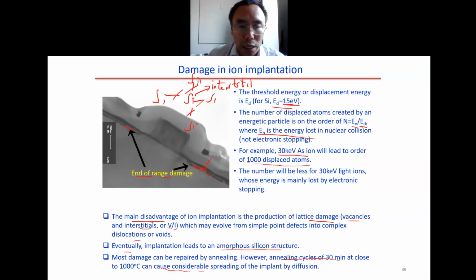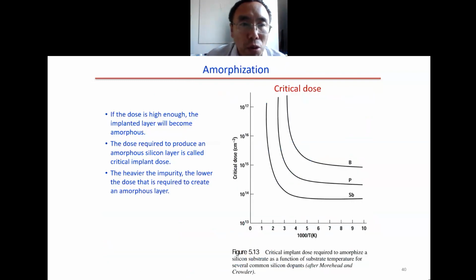So now we look at amorphization. What annealing is needed for amorphous silicon? If the dose is high enough, the implanted layer will become amorphous. The dose required to produce an amorphous silicon layer is called the critical implant dose. You can see the heavier the impurity, the lower the dose that is required to create an amorphous layer.